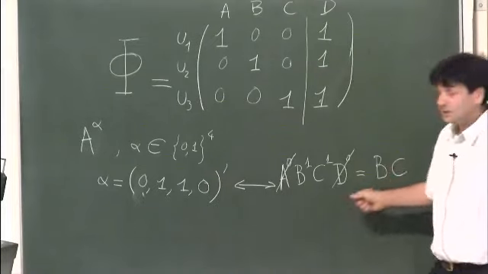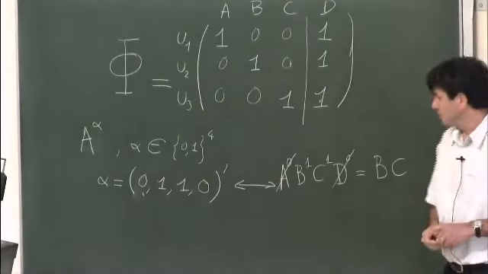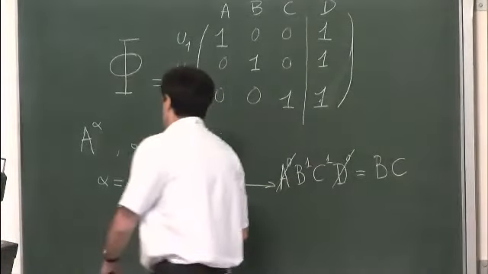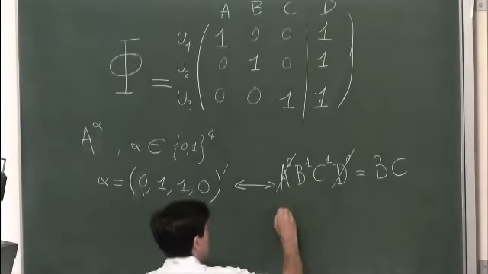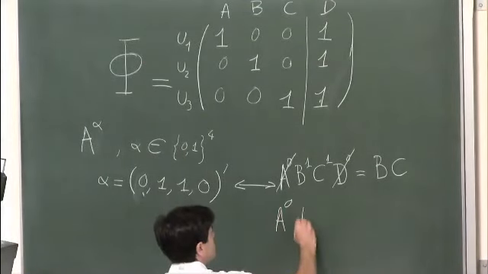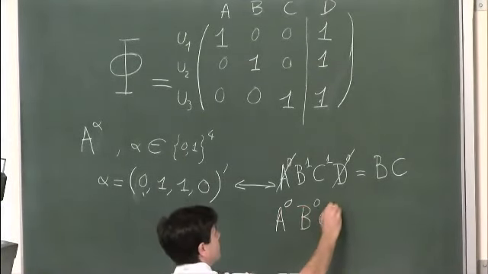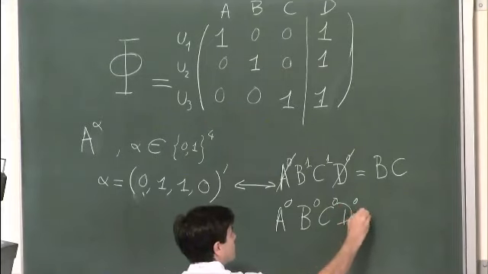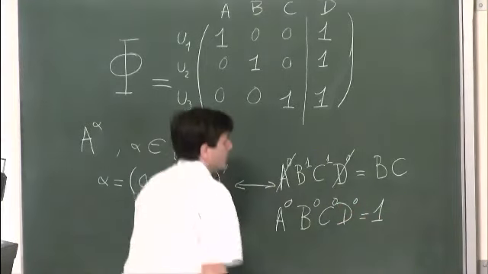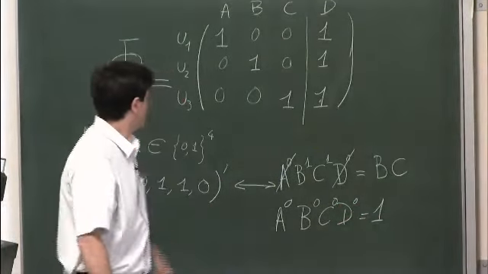So the interaction BC is associated with the vector 0, 1, 1, 0. The general mean, of course, is associated with the null vector. And so on.